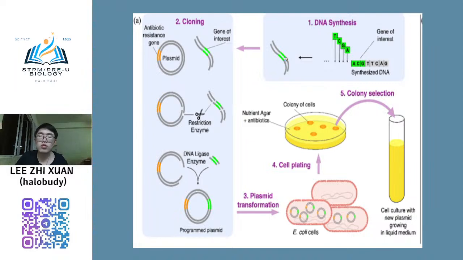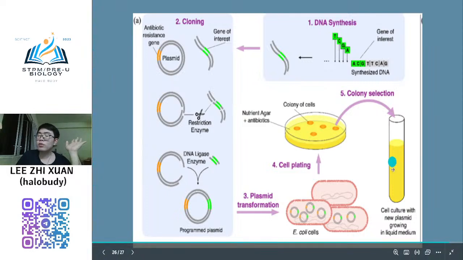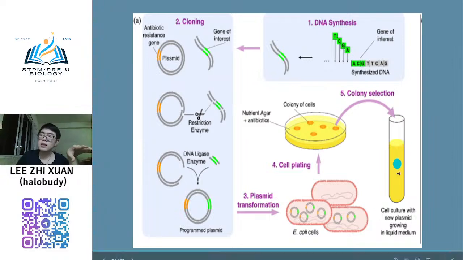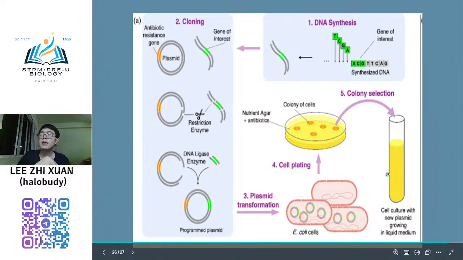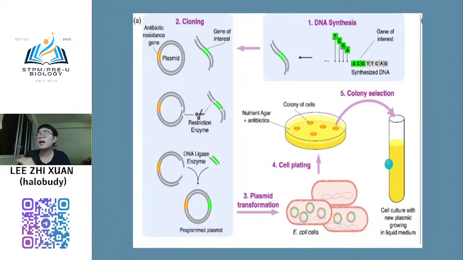If the gene of interest is insulin, the first product, it means this bacteria cell will produce a lot of insulin. So after several weeks, this medium not only has a lot of bacteria, it also has a lot of insulin.